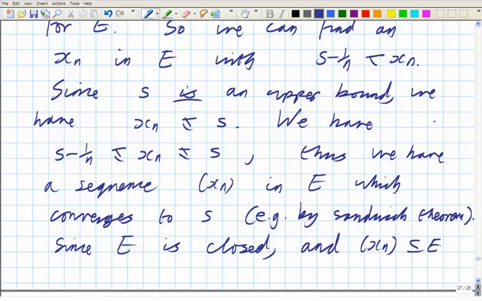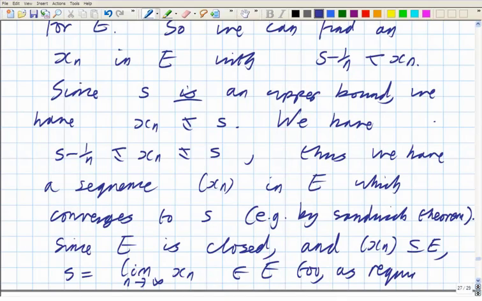Remember, if you've got a closed set, and you've got a sequence in the set which converges to something, then the limit of the sequence must be in the closed set as well. And that gives us what we want about sup, and the infimum proof is exactly the same.